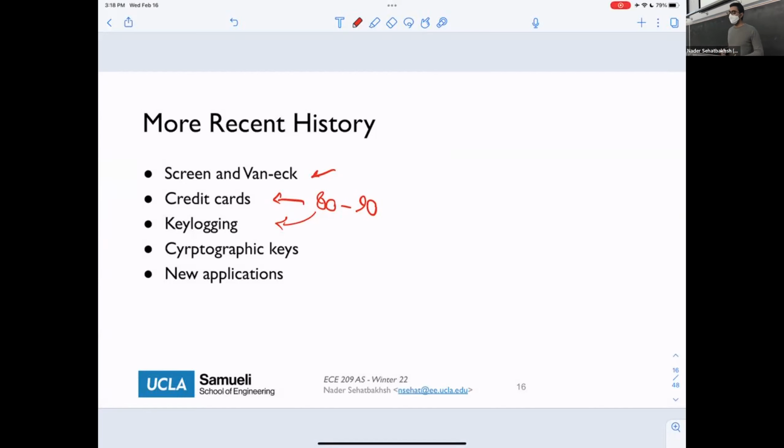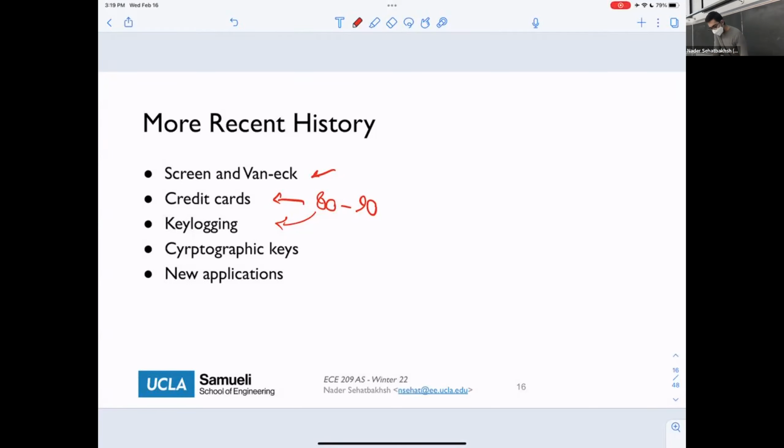For example, people have shown that the sound created as you push different buttons on your keyboard is character dependent. If somebody has a very high-quality microphone, they can reconstruct what you have typed. They have shown that they can completely recover what you have typed for 1 hour or so. Just imagine what you have been typing for 1 hour: all the passwords, all the sensitive information that you might have.